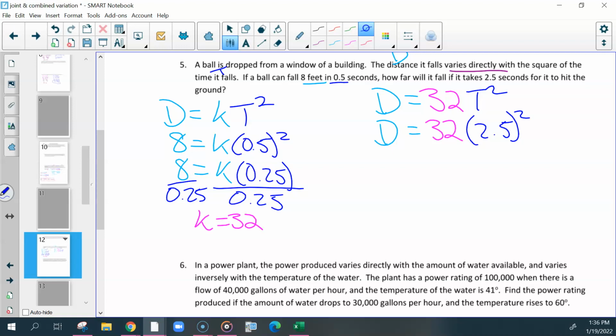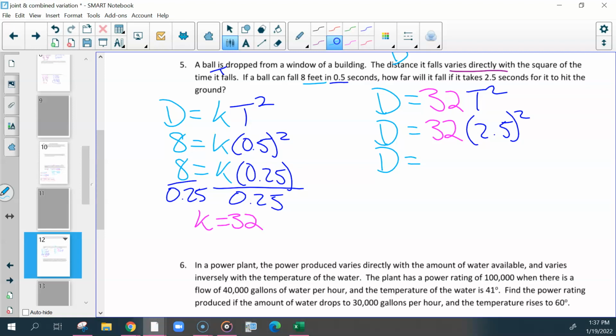Figure out what that is. What was that distance? 200.